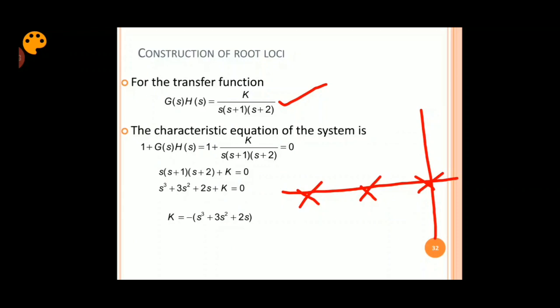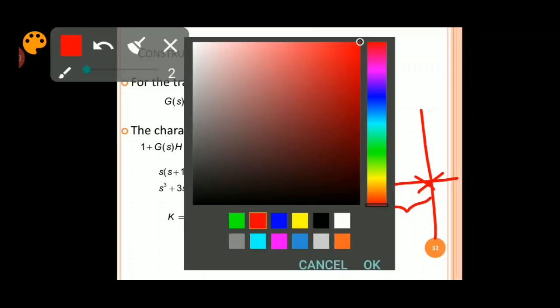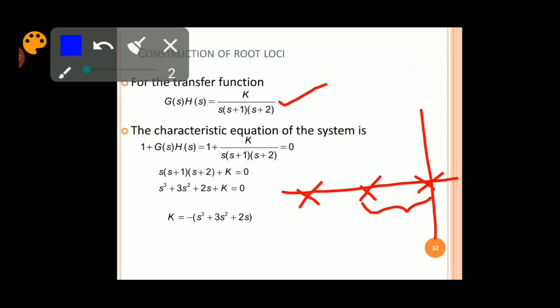Now what does the rule say if there are two adjacent poles? I'll take a different color to mark RL. We have already seen that this part of the real axis is RL and this part of the real axis is RL.